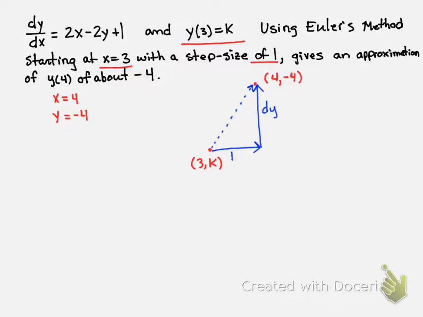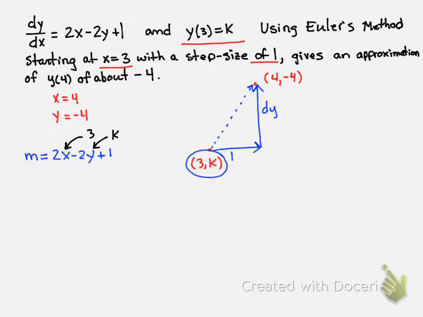So starting with what I know, dy/dx is equal to m, and it is 2 times x minus 2 times y plus 1. Starting at this point, 3 comma k. So that means x is 3. Y I don't know, I'm going to call it k.